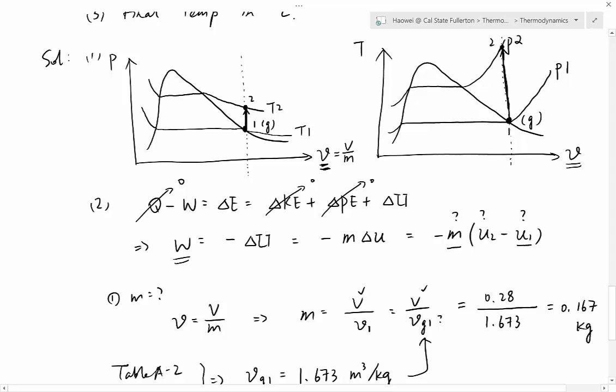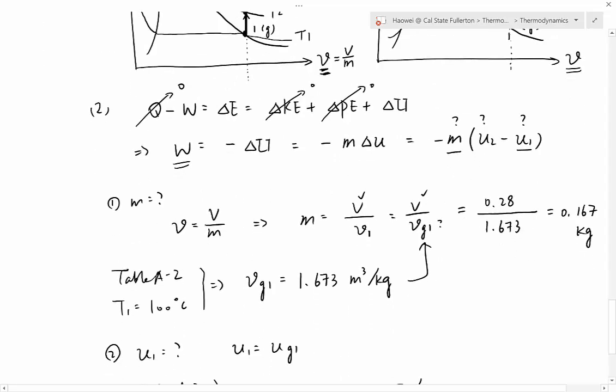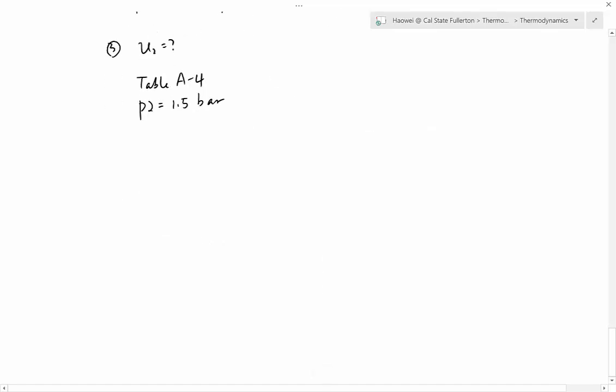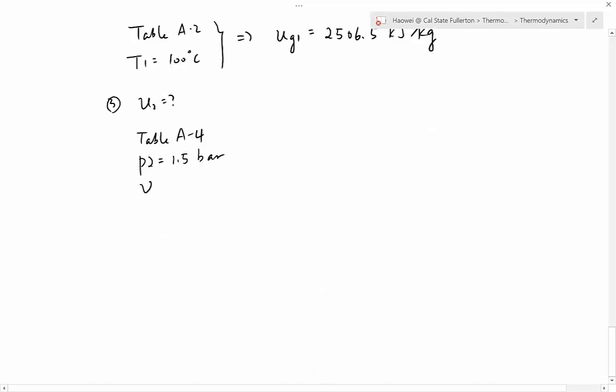So nu1 must be equal to nu2. And do we have nu1? Yes, nu1 is right here. Nu1 is equal to nu g1. So we do have nu1, in other words, we do have nu2. Nu2 will be our second input.